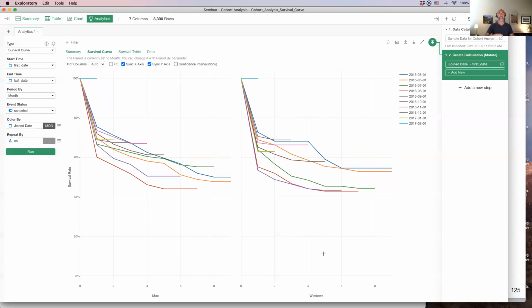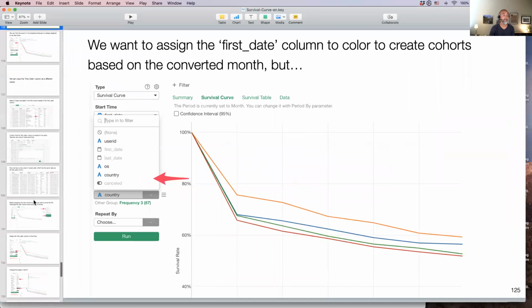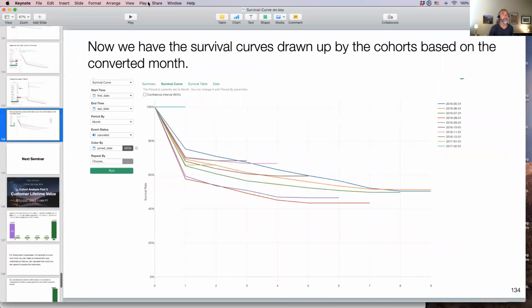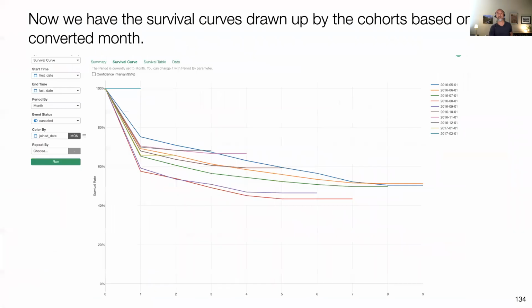And you can see how the survival rate, or retention rate or churn, is improving or getting worse or not. Okay. So that's that. I think that's pretty much the cohort analysis that I wanted to cover today.